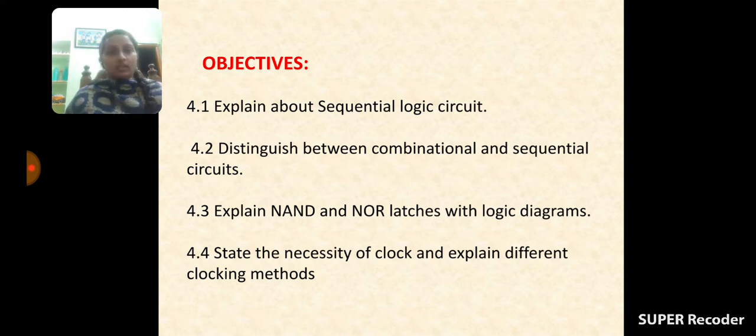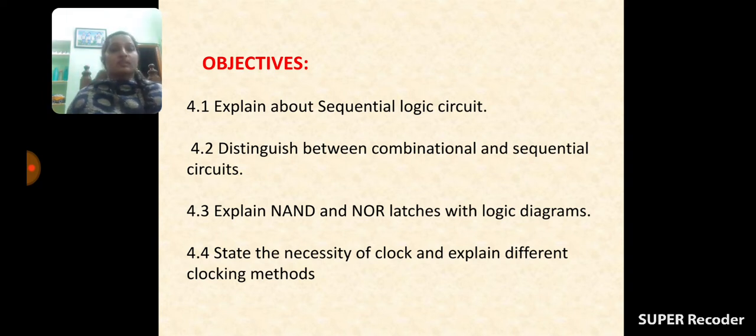But now we are going to discuss sequential logic circuits. How many combinational logic circuits have we discussed, and what are the examples? We have discussed adders: half adder, full adder, parallel adder, serial adder, and 2's complement adder-subtractor. Also multiplexers, demultiplexers, decoders, encoders, and comparators.